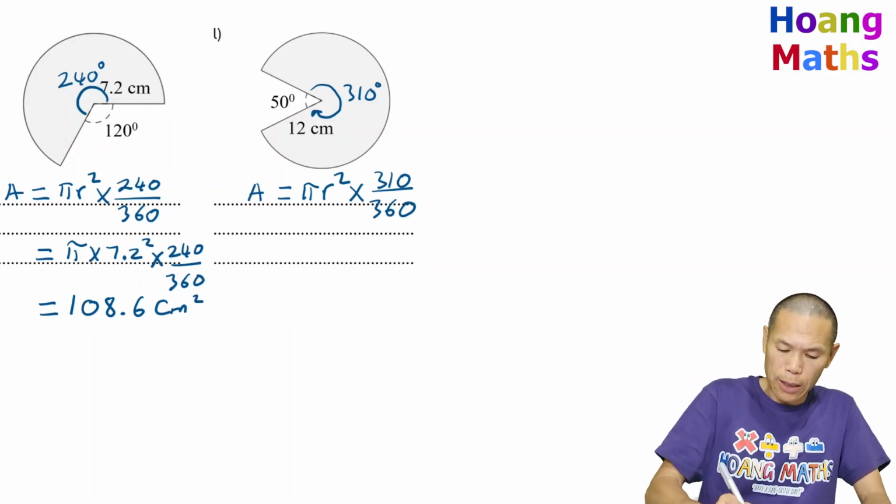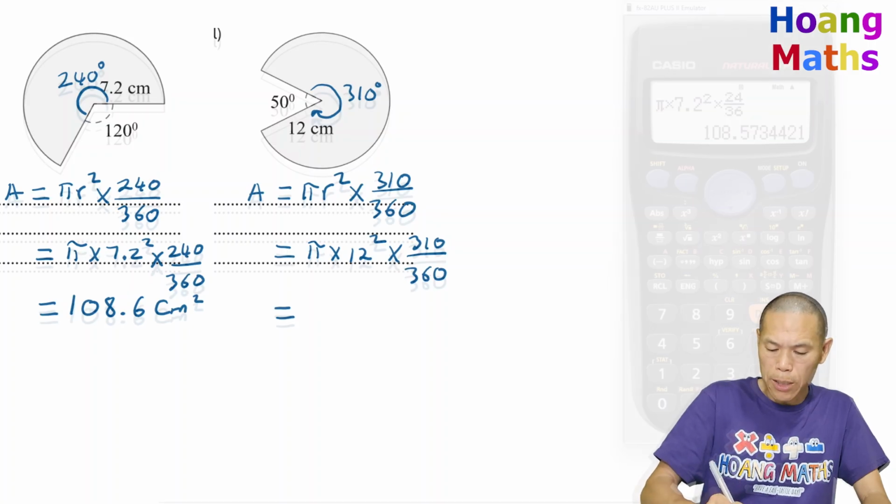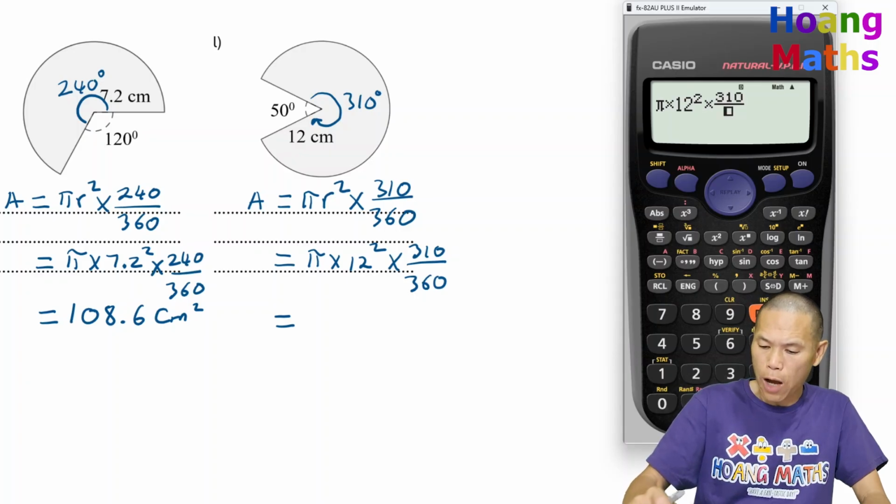So that means equal to pi times 12 squared times 310 out of 360. That will give me, shift, pi times 12 squared times 310 out of 360.